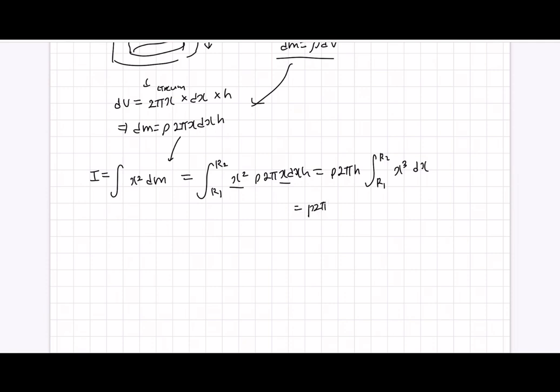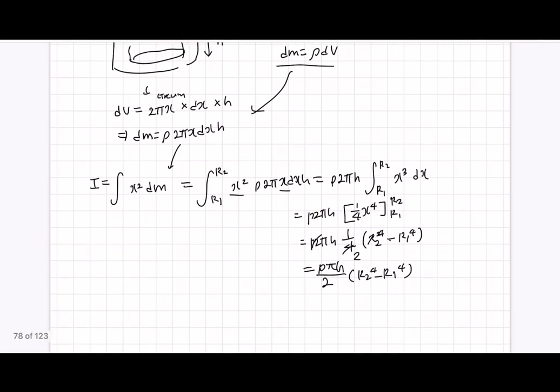If you integrate this, you would have 1 over 4 x to the fourth, from r1 to r2, which is equal to, you can leave 1 over 4 out, as r2 to the fourth minus r1 to the fourth. And therefore, if you simplify this, you would have rho pi h over 2 times r2 to the fourth minus r1 to the fourth.